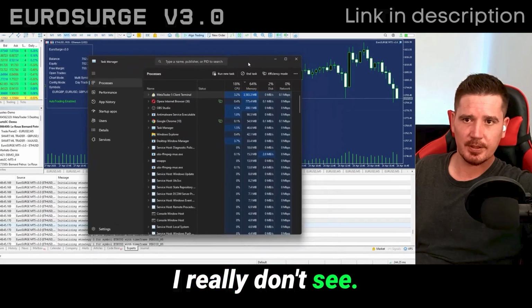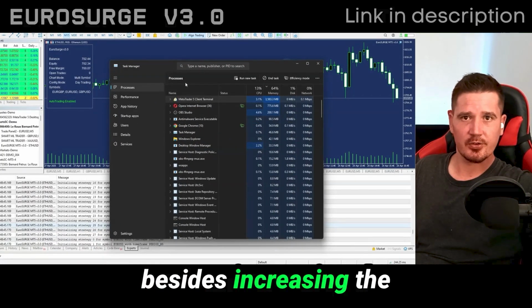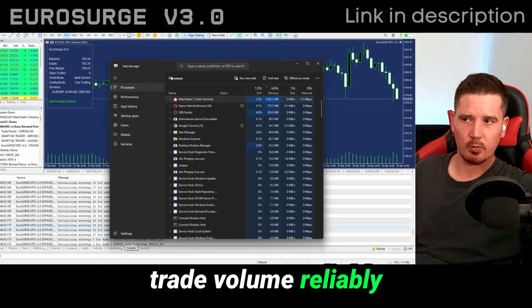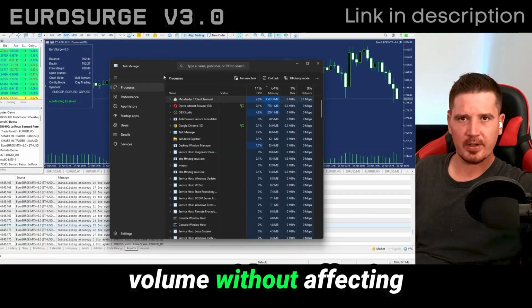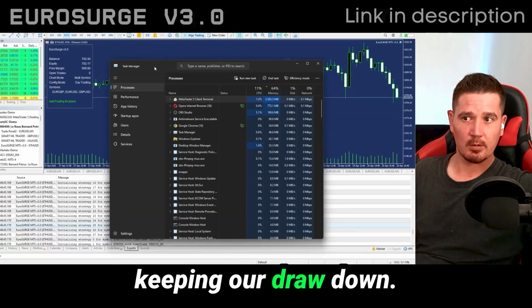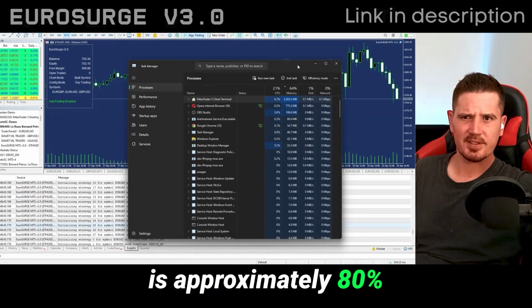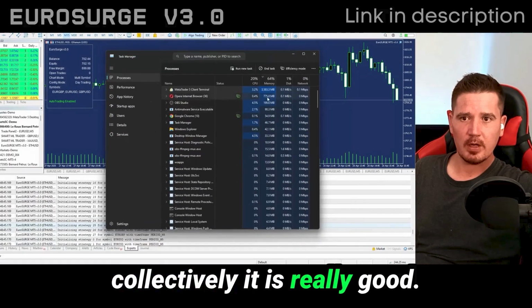I really don't see it improving anymore besides increasing the trade volume reliably. So we increase our trade volume without affecting our drawdown. We can double our income by keeping our drawdown basically where it is. And at this win rate, which is approximately 80% collectively, it is really good.